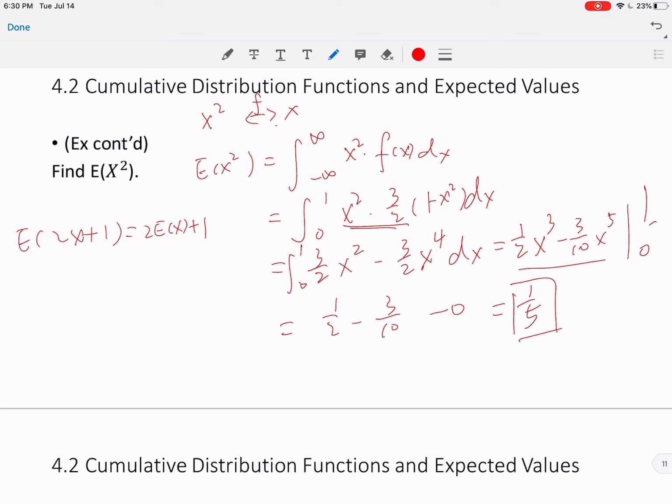Or let's say, for example, if you want to find the expected value of x cubed, it's just the same idea. That would be equal to the integral from negative infinity to positive infinity of x cubed f of x dx.